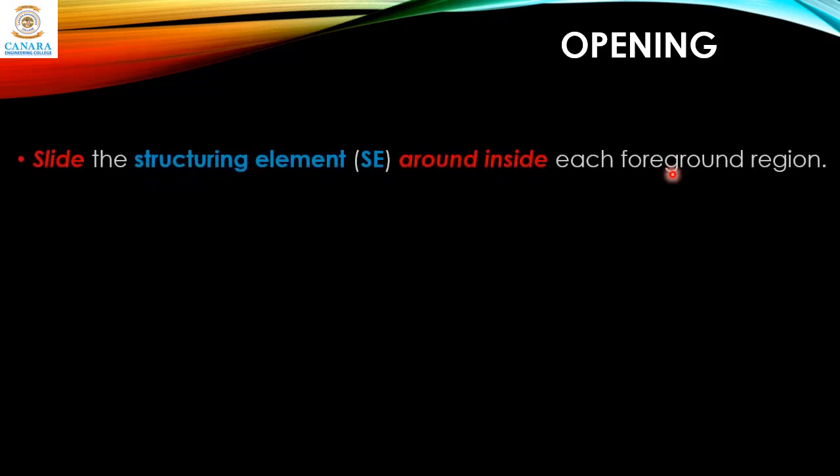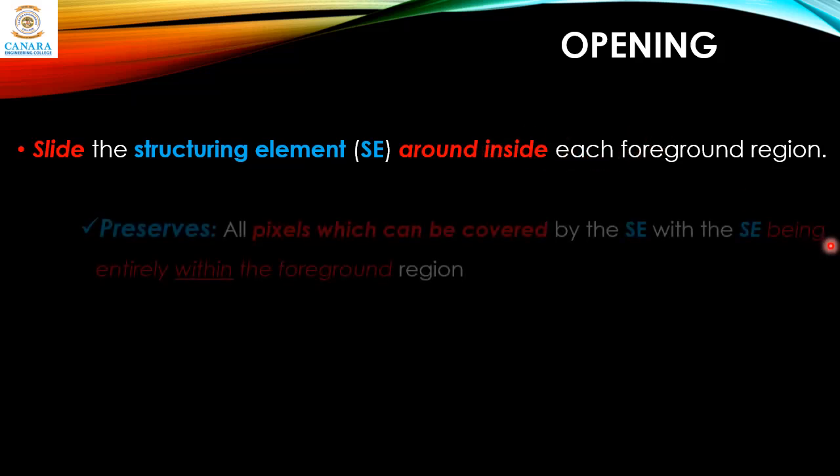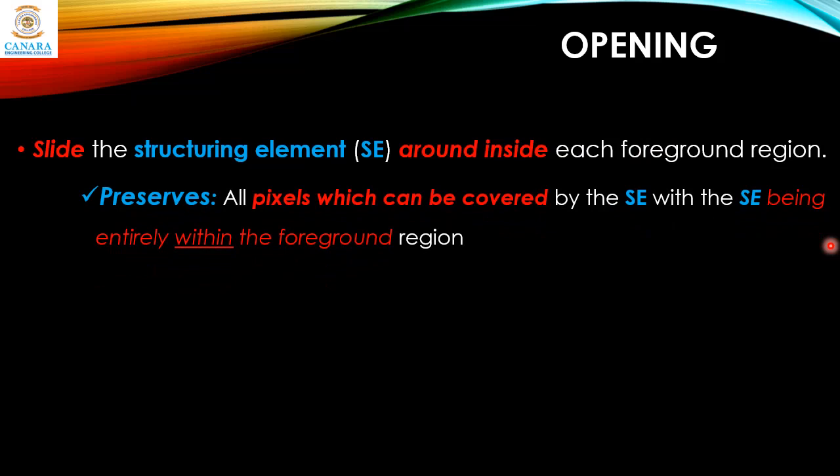The opening operation is done by taking the structuring element and sliding it around inside each foreground region, which we did in erosion operation. So all pixels which can be covered by the structuring element, with the structuring element being entirely within the foreground region, will be preserved.